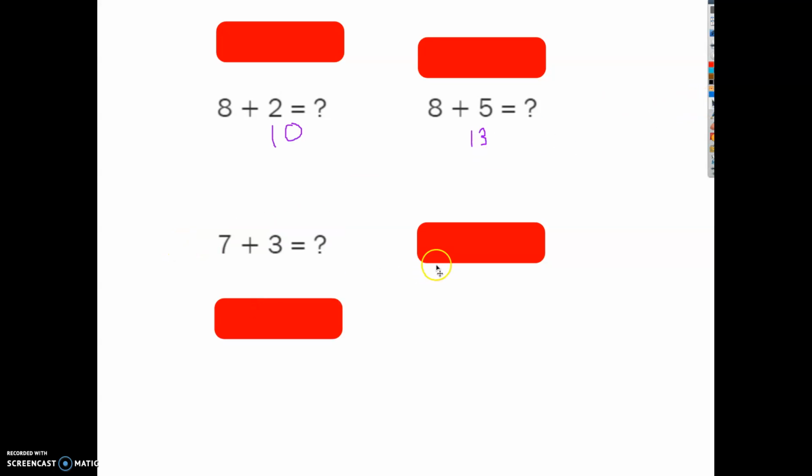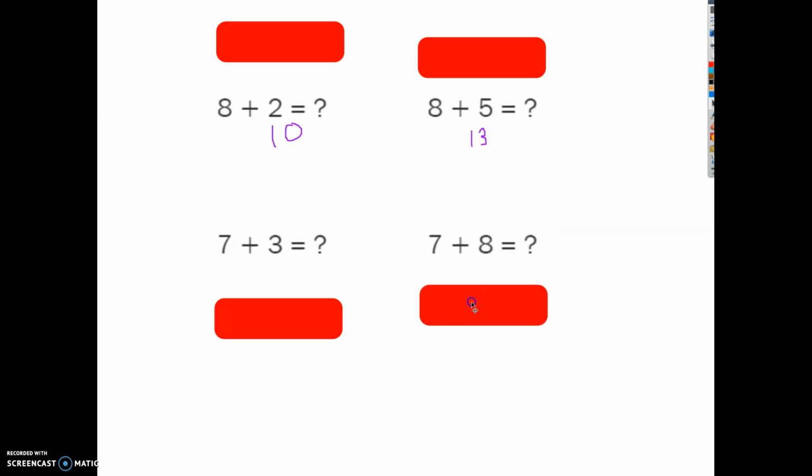Then I have 7 plus 3, which is 10. Excuse me, 7 plus 8. Well, if this is 10, again, working on our 10s, and I know that the difference between 3 and 8 is 5, so 8 is 5 more. So 7 plus 8 has to be 5 more than 10. It's going to be 15.